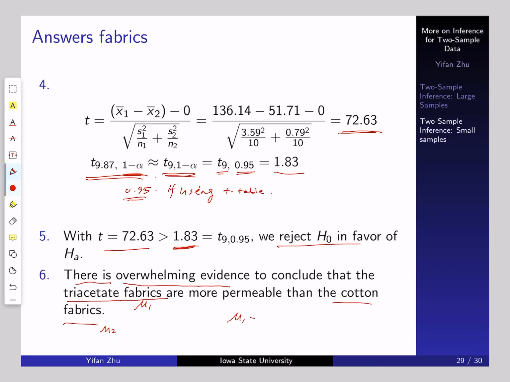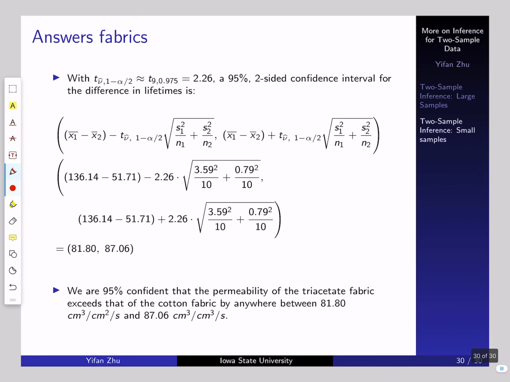Okay. Again, we are just translating the alternative hypothesis according to the context. And to construct the 95% two-sided confidence interval, we'll be using, again, the 1 minus alpha over 2 quantile of t nu hat.